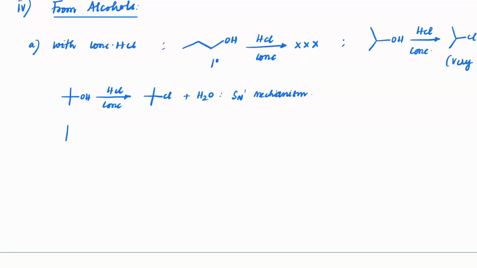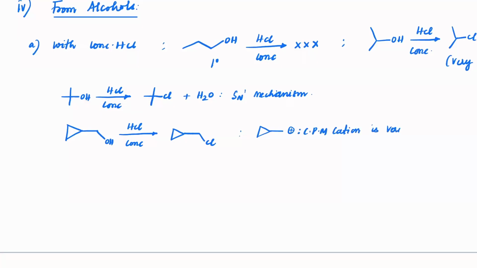Which means, let's say if you have an alcohol like this, and then you have concentrated HCl. Now in this case, the reaction will take place. The reason is very simple. This is a very stable carbocation. Here, the cyclopropyl methyl carbocation is very stable.